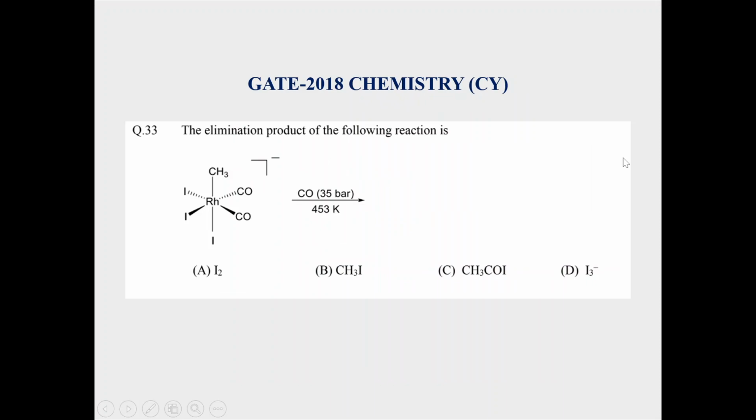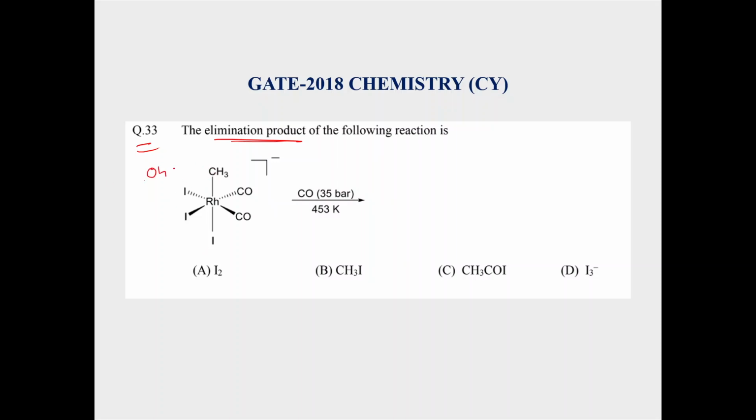We will move on to the next question, which is question number 33 from the GATE 2018 chemistry paper. The question is: the elimination product of the following reaction is. Here one rhodium complex is given, with 6 ligands coordinated to it.